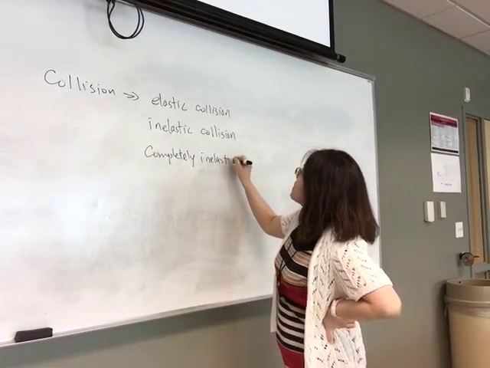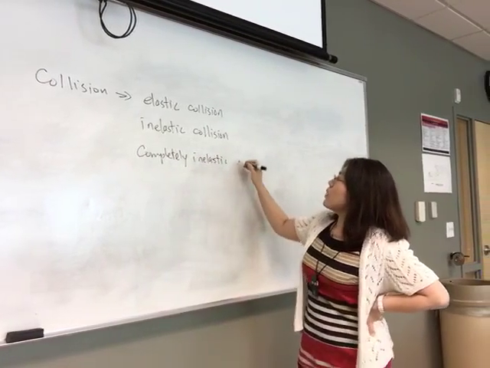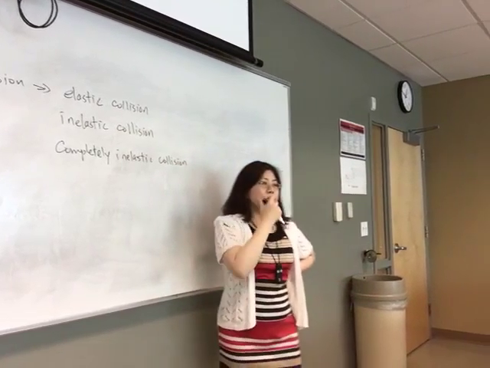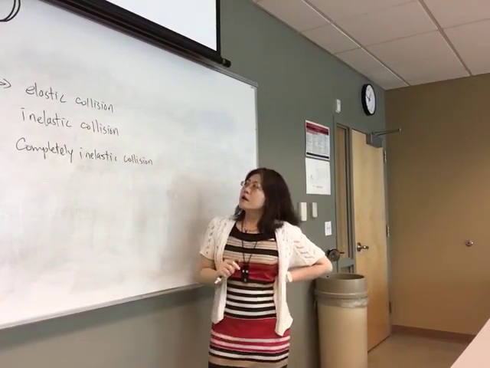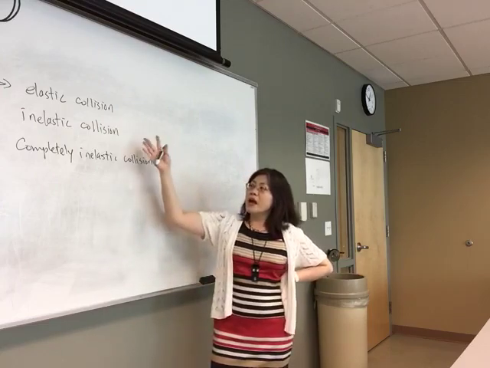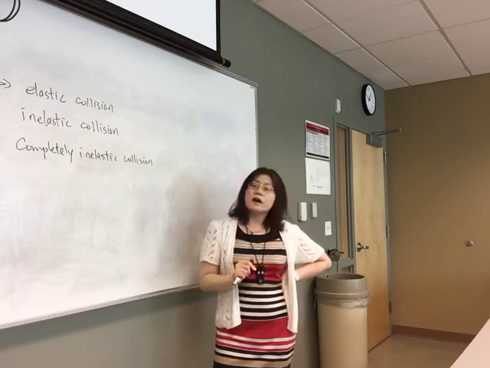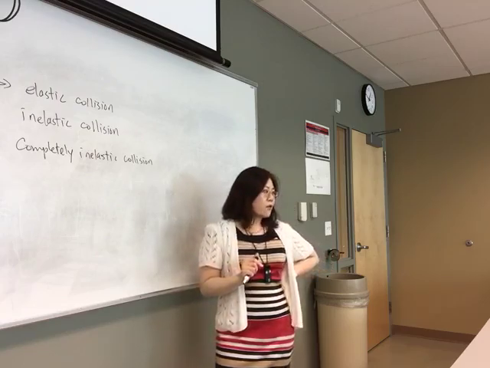When you do problems, you want to know what sort of collision the particles are experiencing, because based on the collision type, the criteria and the equations used will be a little bit different.